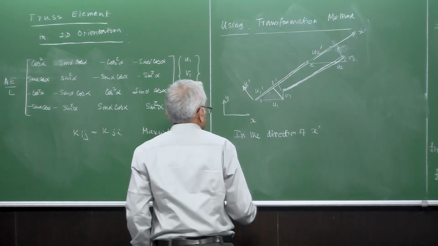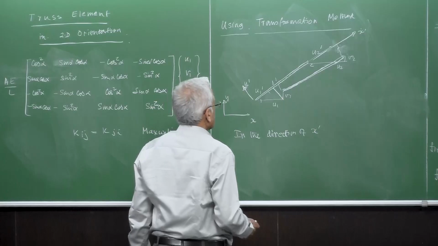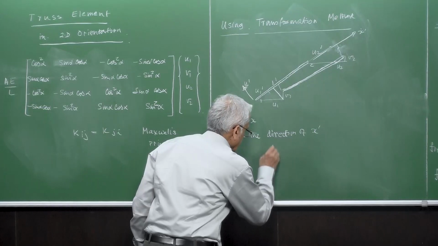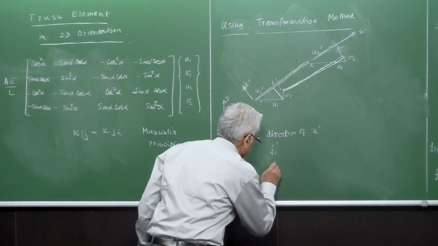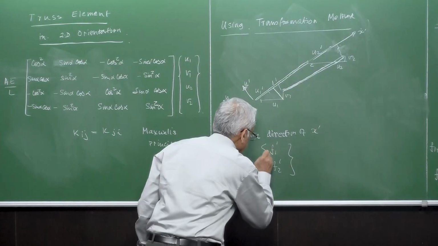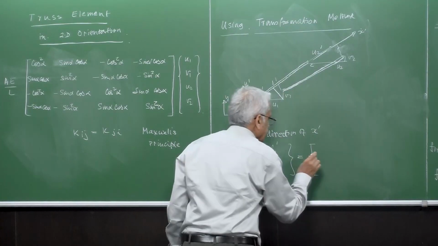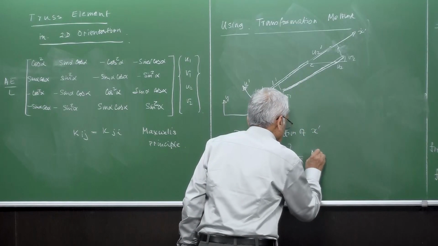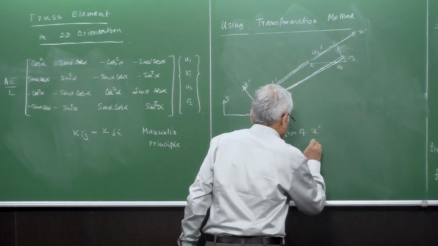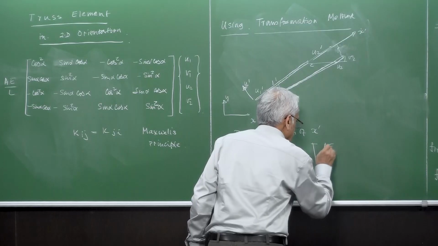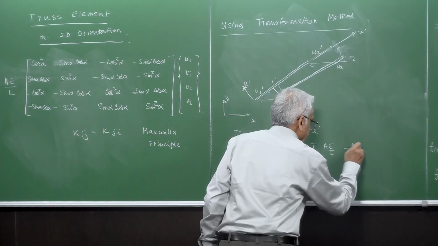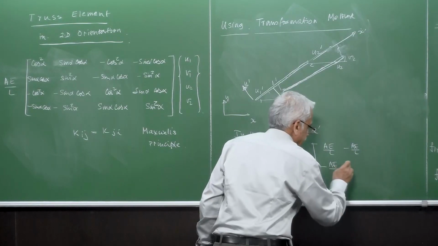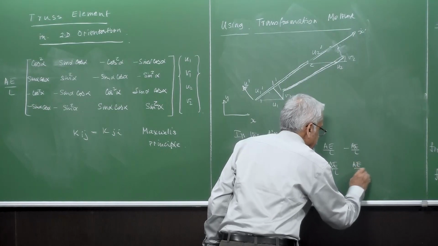force generation. So in the direction of x prime, let us say the relationship between f1 prime and f2 prime we can write as AE by L, which is the stiffness like that of a spring, times U1 prime and U2 prime.